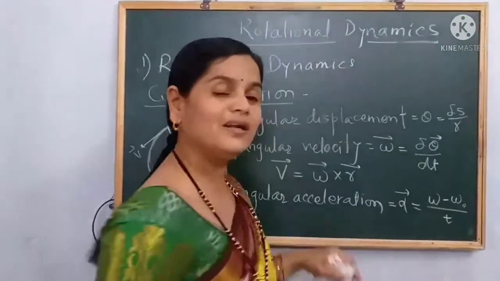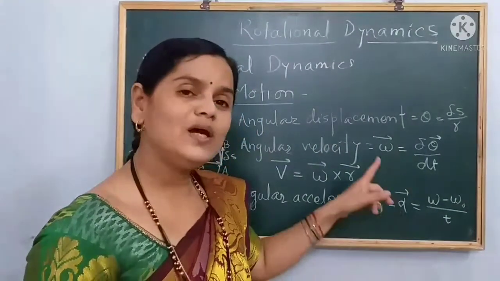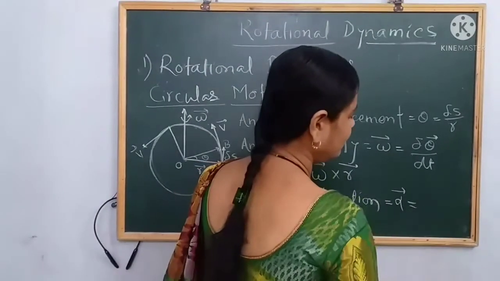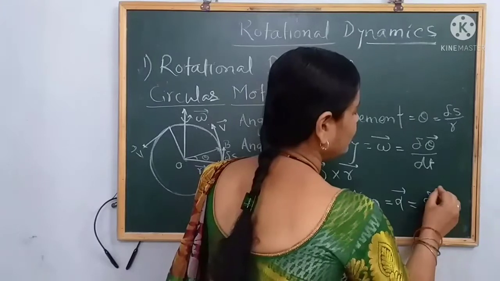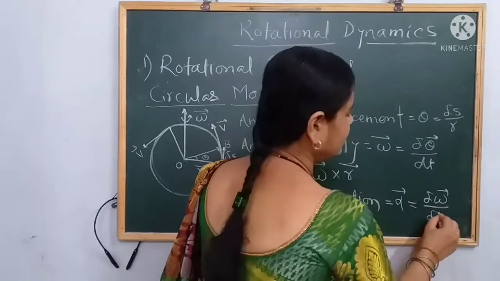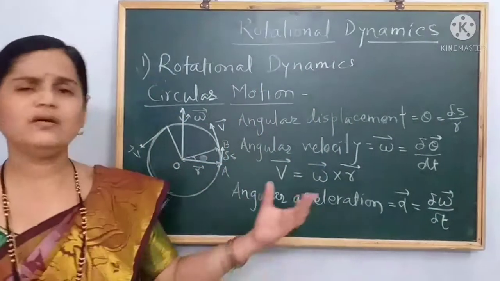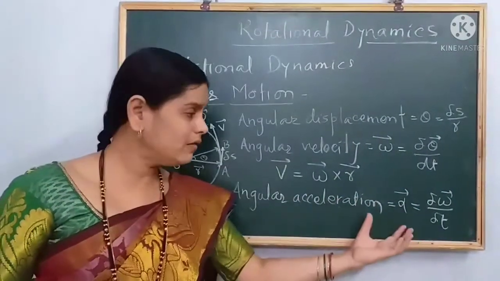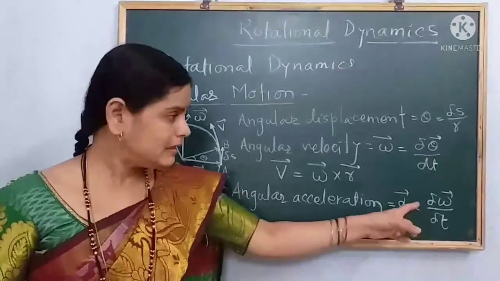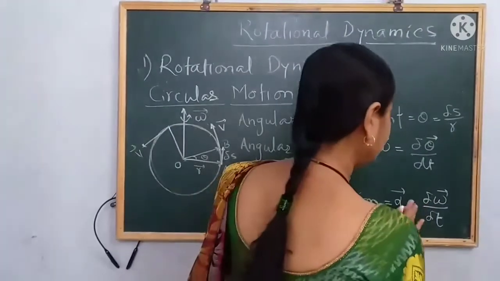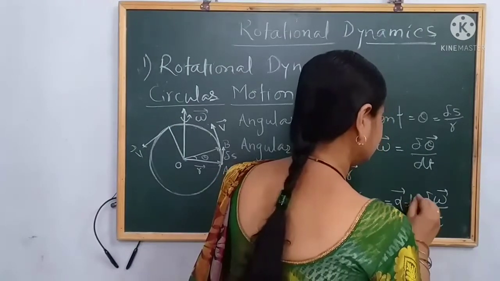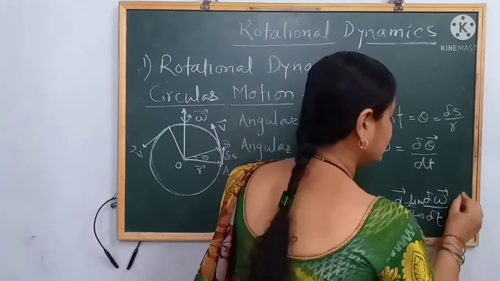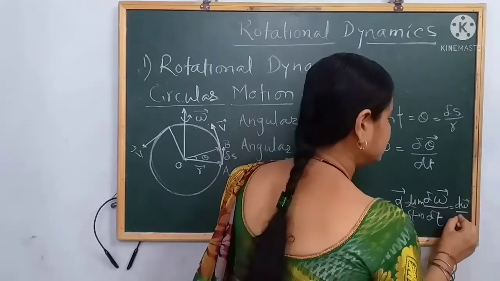So this is nothing but the angular acceleration alpha, or we can write it simply as delta omega divided by delta t, and taking the limiting value as delta t tends to 0, this is equal to d omega by dt.